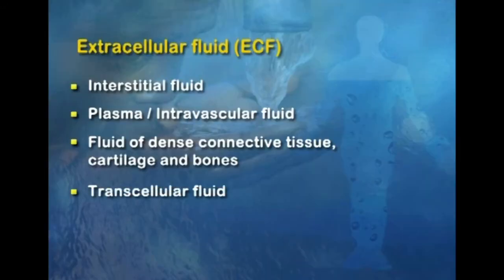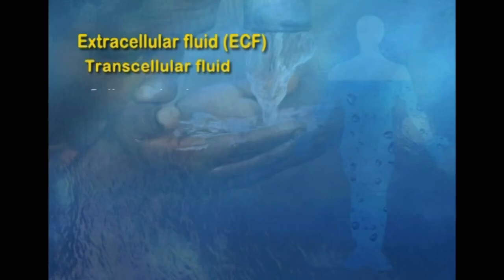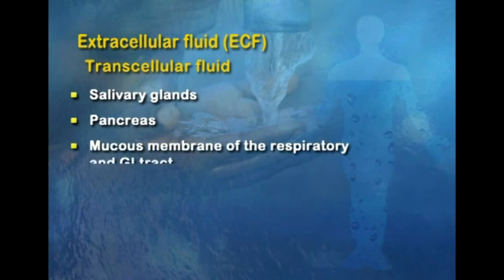Fluid in these tissues does not exchange fluid and electrolytes. Next is the transcellular fluid. It is a collection formed by the transport or secretory activity of cells. Fluids found in salivary glands, pancreas, and mucous membrane of the respiratory as well as the GI tract are the transcellular fluid.